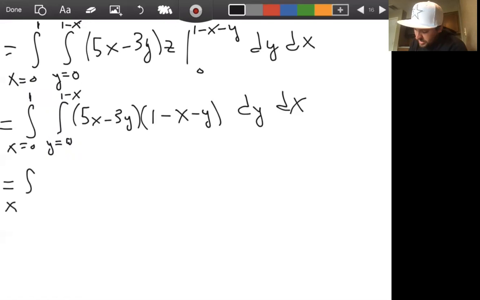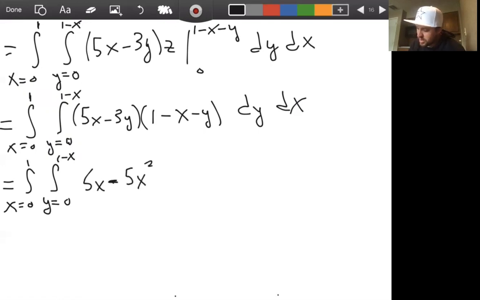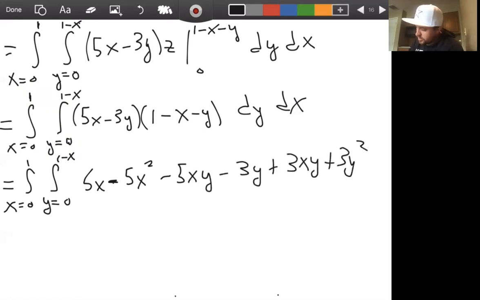And now before we can keep integrating, we have to simplify this a little bit. We can FOIL this out, and it seems like we'll get 5x minus 5x squared minus 5xy minus 3y plus 3xy plus 3y squared, and then we are dy dx.